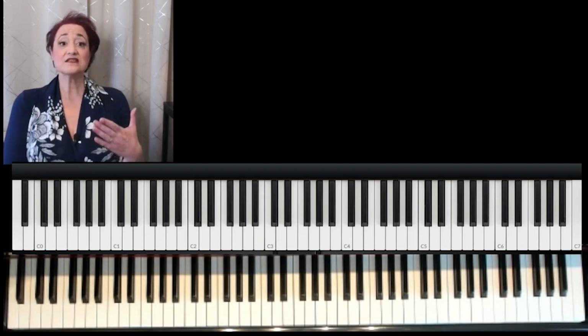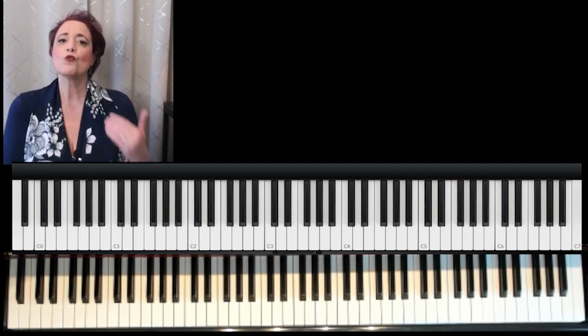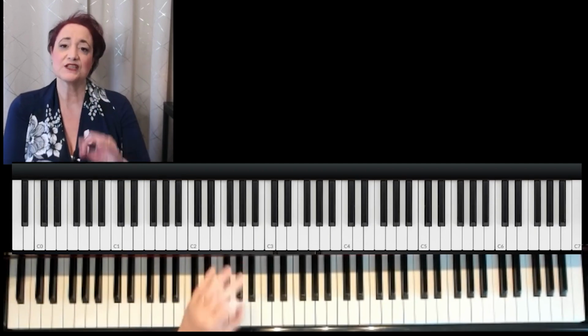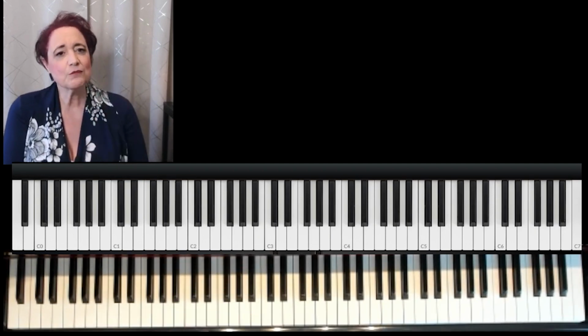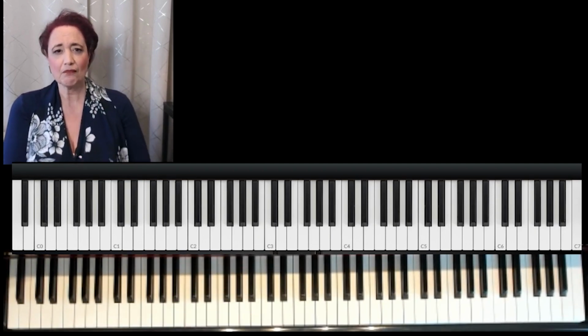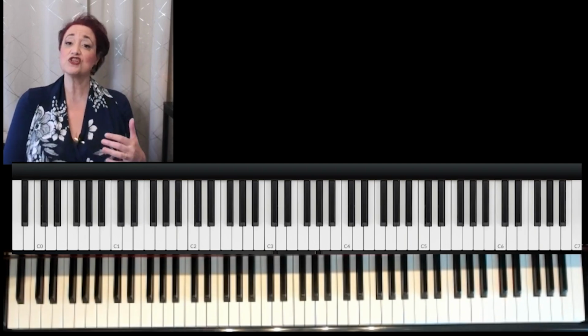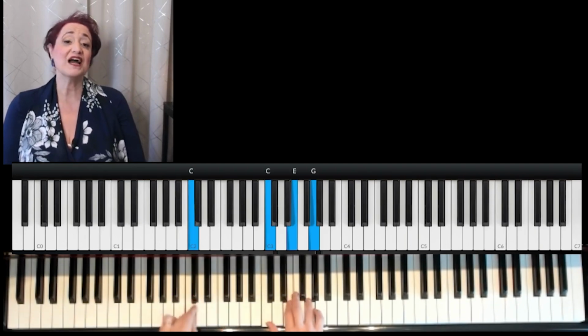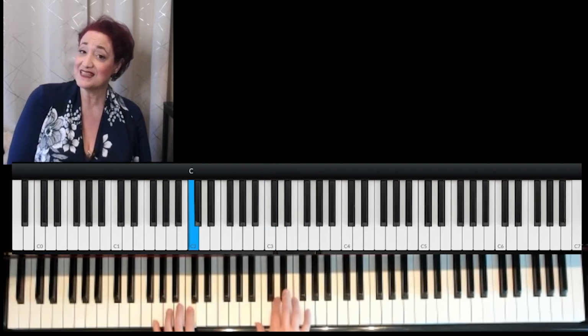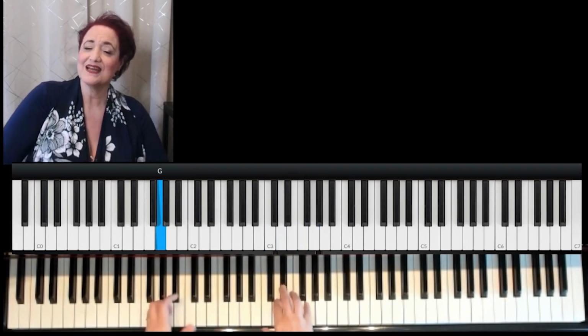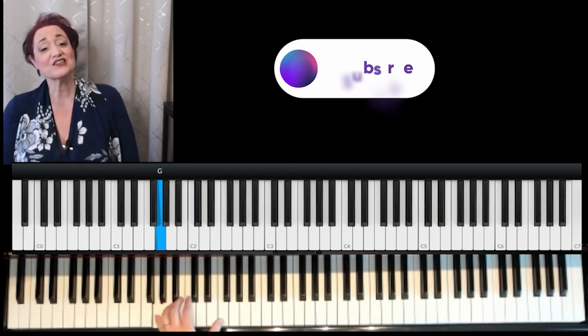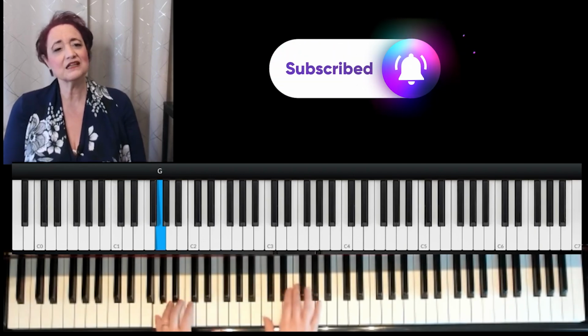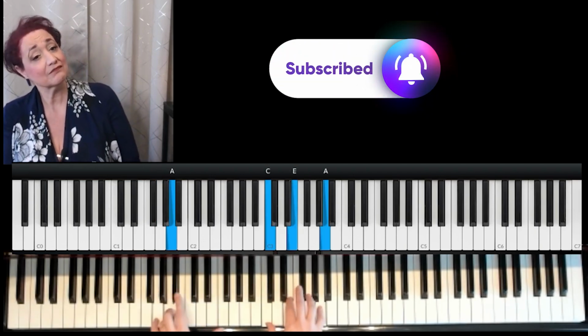So why does this work so well? Well, it works because it's simple, it's predictable, but still emotionally satisfying. That 1 chord establishes the home base. The 5 chord creates lift and tension. Then the 6th chord gives a little melancholy or vulnerability.